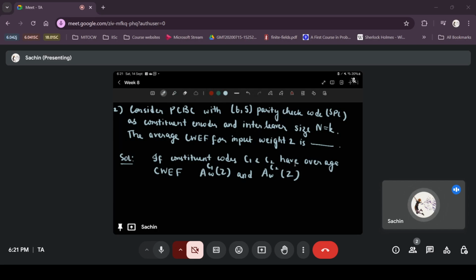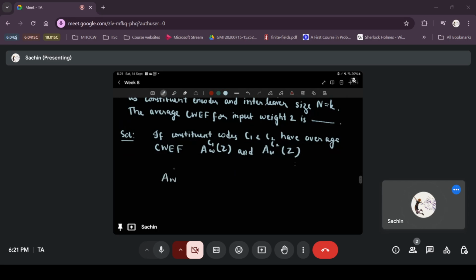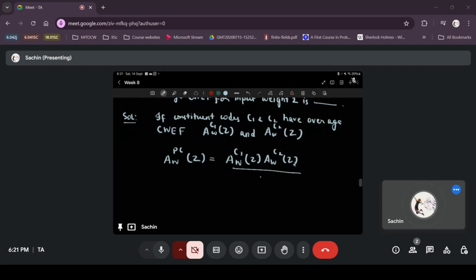Then by concatenating these to get a parallel concatenated block code, you will get a code with average CWEF A_w^PC(Z) equal to the product of the average CWEFs of the two codes divided by N choose w, where N is the interleaver size and w is the weight of the input for which we are calculating the weight enumerating function.